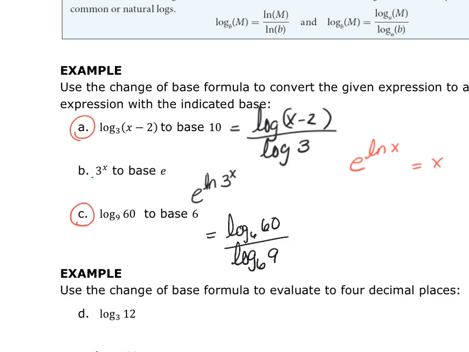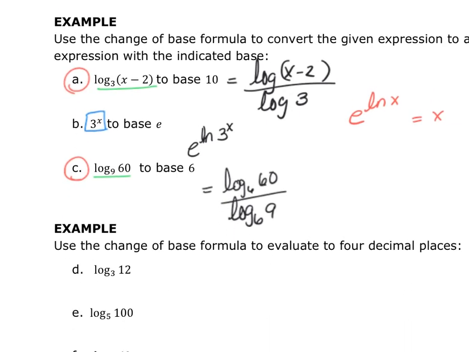The reason is because on b I had an exponential, so I had 3 raised to the x. Whereas a and c already were logs base 9 or base 3, and I was just asked to change it to a different base. But with b, I actually had to use e raised to the natural log of 3 to the x to have a base e, because it was an exponential to begin with and not a logarithmic one.